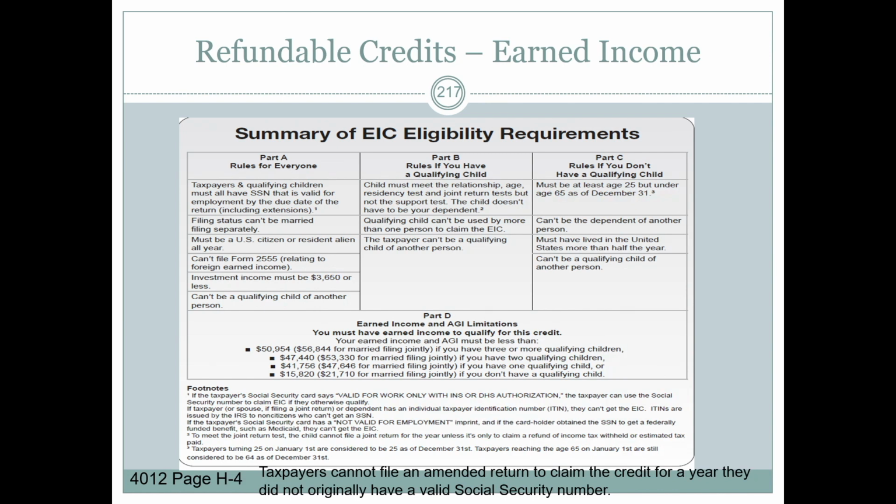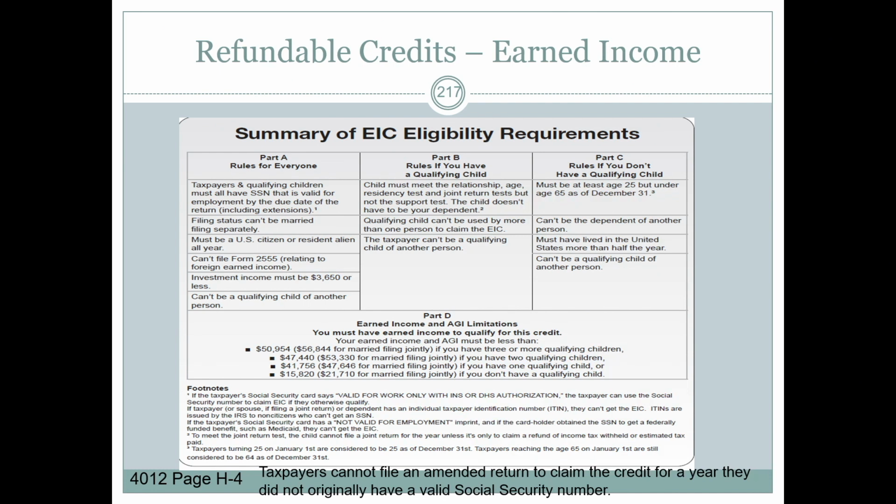Now, there are adjusted gross income limitations. You must have earned income to qualify for this credit. Your earned income and adjusted gross income must be less than $50,954, $56,844 for married filing jointly if you have 3 or more qualifying children.